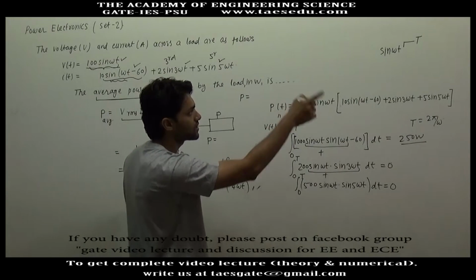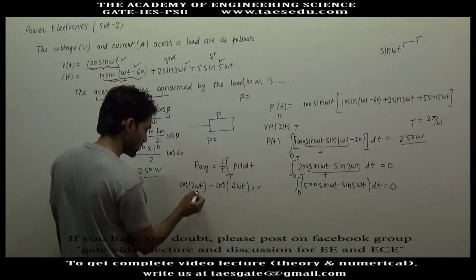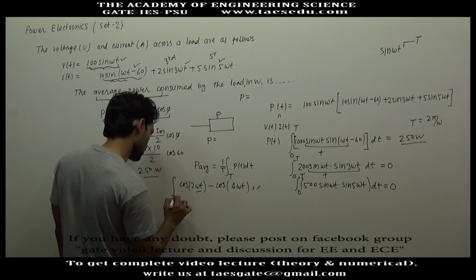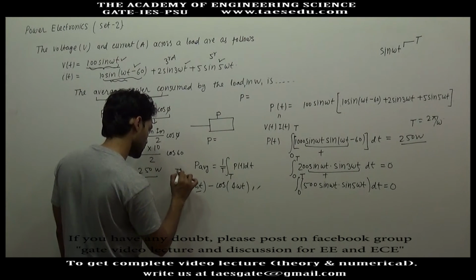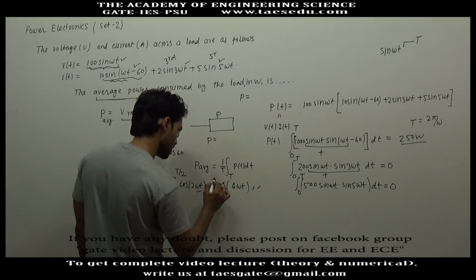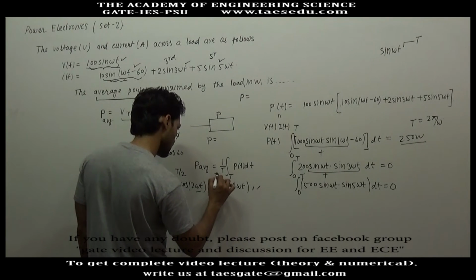So if sin omega t is periodic with capital T, here you have 2 omega t, so this will be periodic with T by 2, and this will be periodic with T by 4.